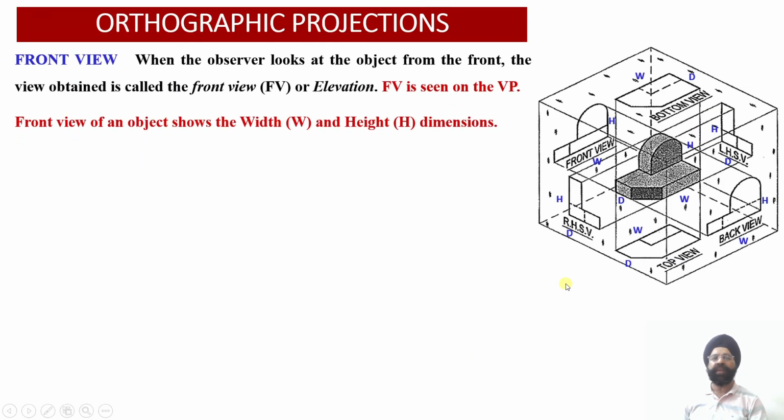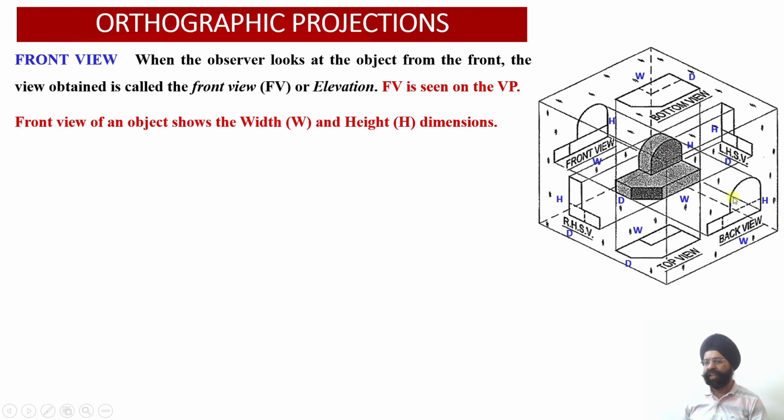Then let us see the projections, because we are going to name these projections as front view, top view, left hand side view or right hand side view. So let us define these projection names also. Here we have the object, and this approach is called the glass box approach. We are assuming a glass cube, and within this glass cube our object is located.